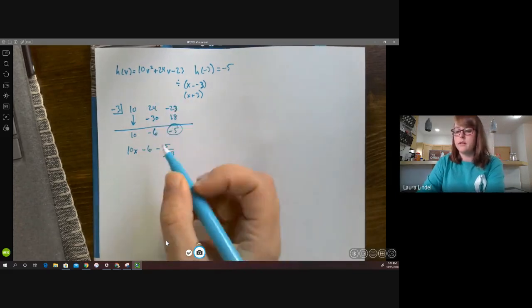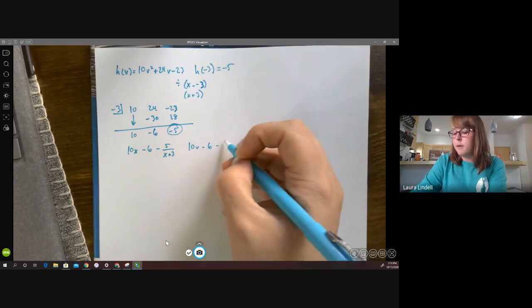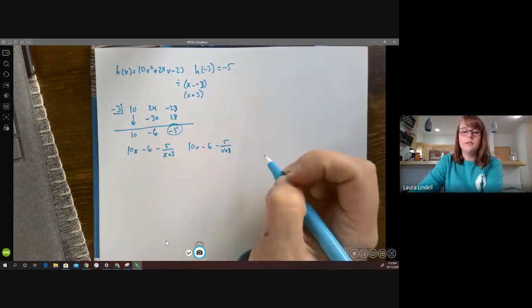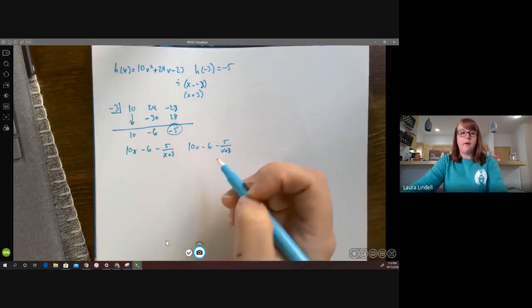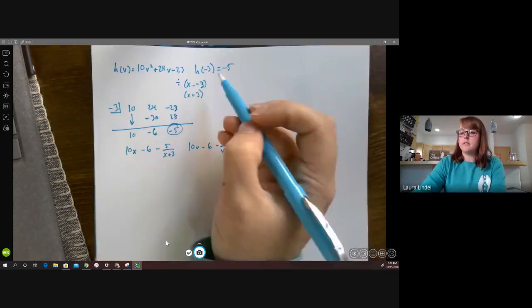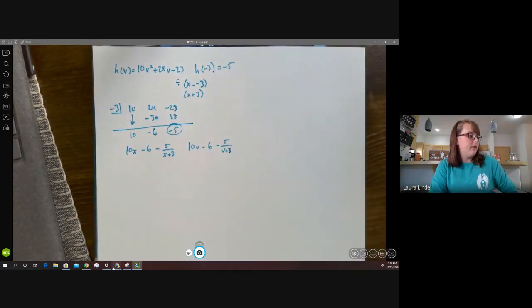Or v plus 3, sorry, it had v's in it, so it'd be 10v minus 6 minus 5 over v plus 3. This is how I would write my answer if I was asked for what my new polynomial is. But since I'm just asked to evaluate h of -3, my answer would be -5.